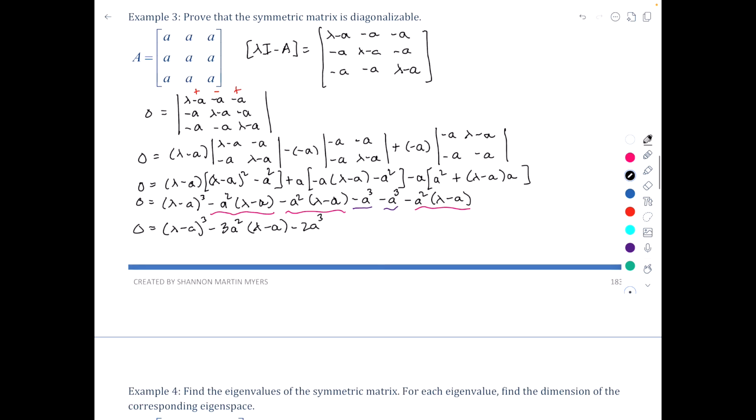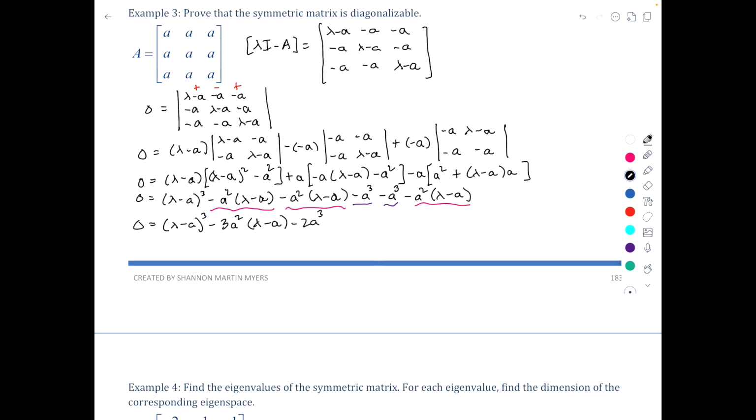Now I'm going to expand using Pascal's triangle. And with Pascal's triangle, I'm going to think about this binomial cube as lambda plus negative A. So we're going to get 0 times 1 lambda cubed minus lambda squared A plus lambda A squared, and then minus A cubed.